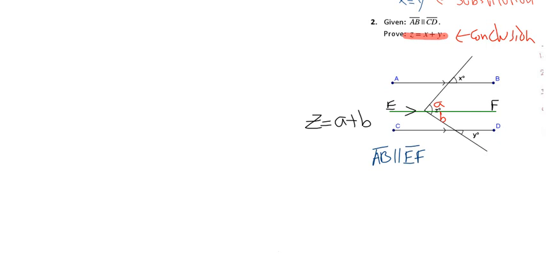This we're getting because we drew this auxiliary line. So I'm going to put over here auxiliary line. And now from these two being parallel, we know that A is equal to X because corresponding angles are congruent.